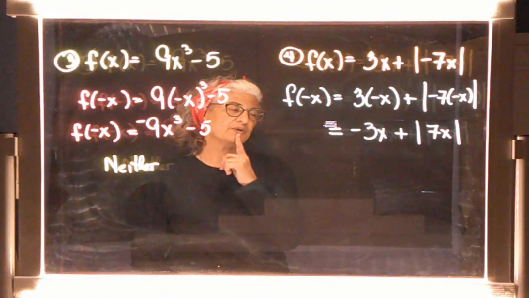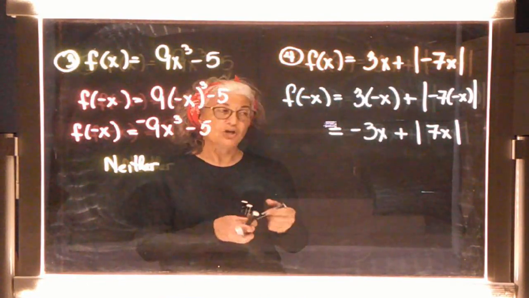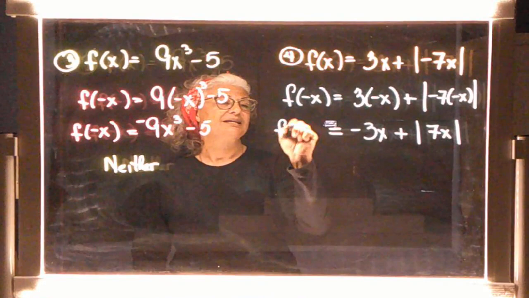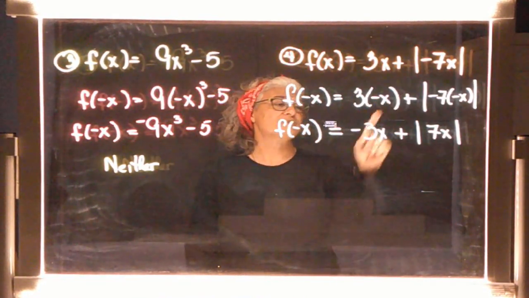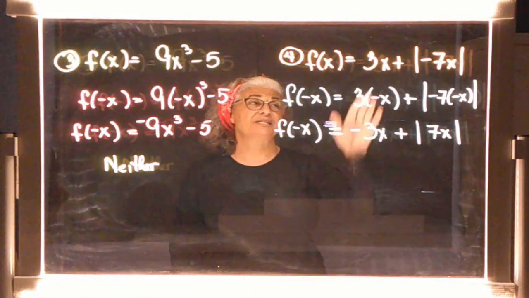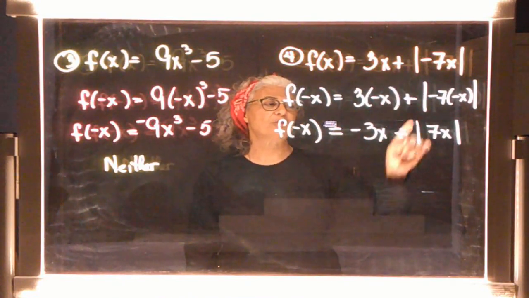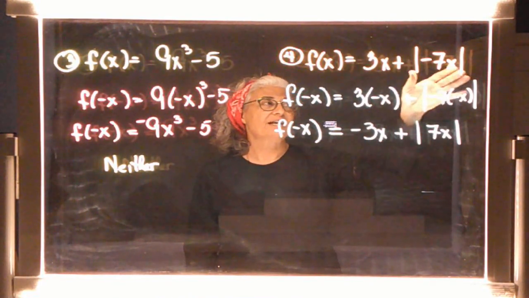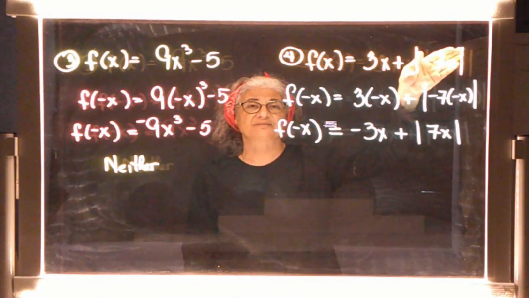Okay, so here's the question. Did this come out exactly like the original? No, it didn't. Does it look like both terms switched signs? The first term certainly did. It went from a positive to a negative. But if you notice the second term, it's still a positive, isn't it? This absolute value tells me no matter what's inside here, it's going to be a positive answer.